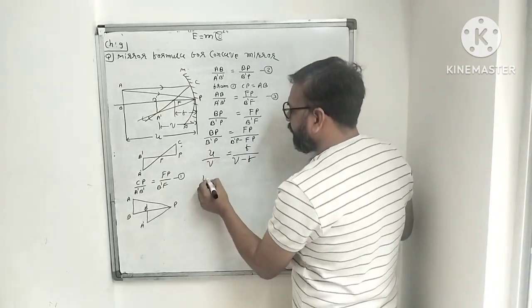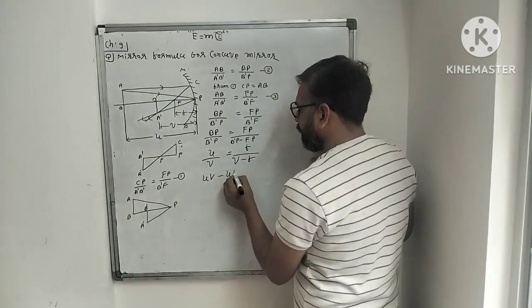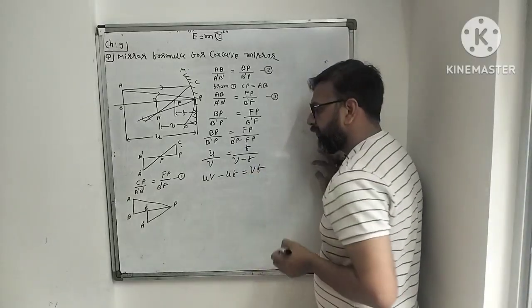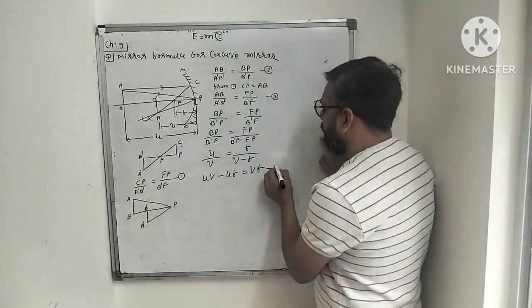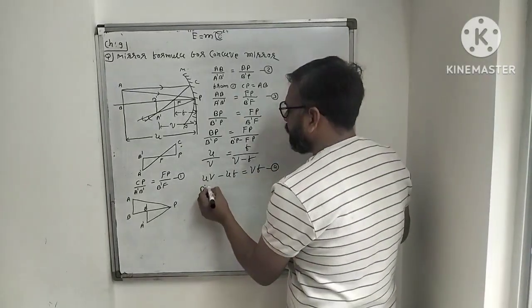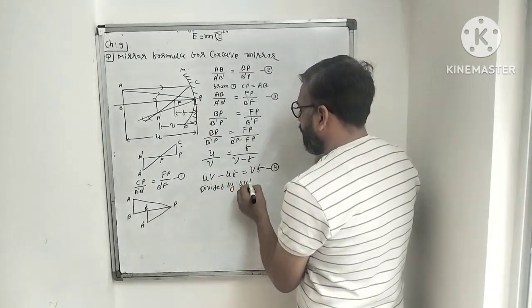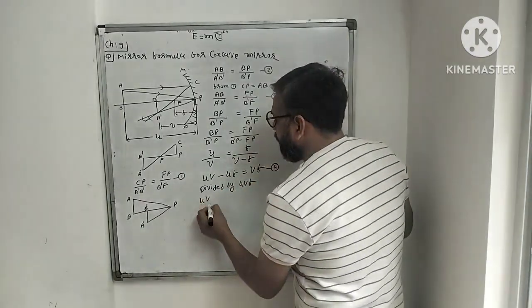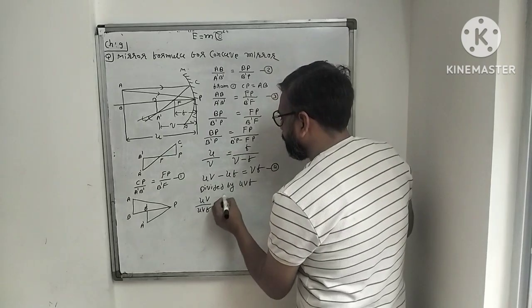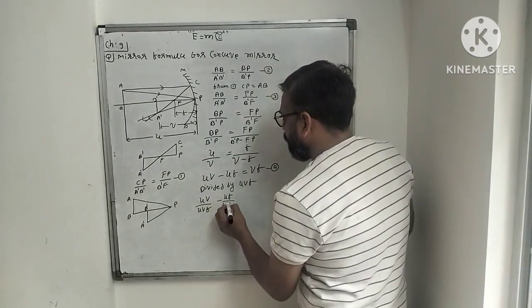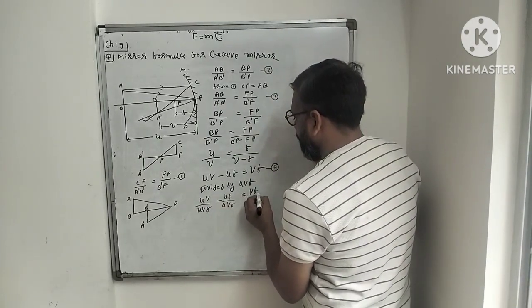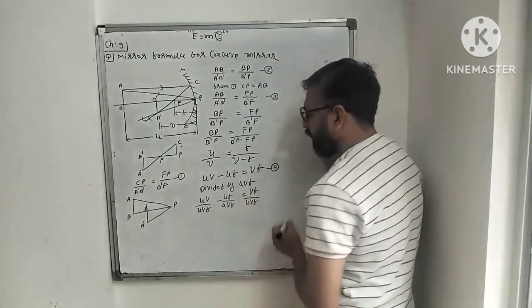Now cross multiplication. Now this equation is divided by UVF. So UV upon UVF, UF upon UVF, VF upon UVF.